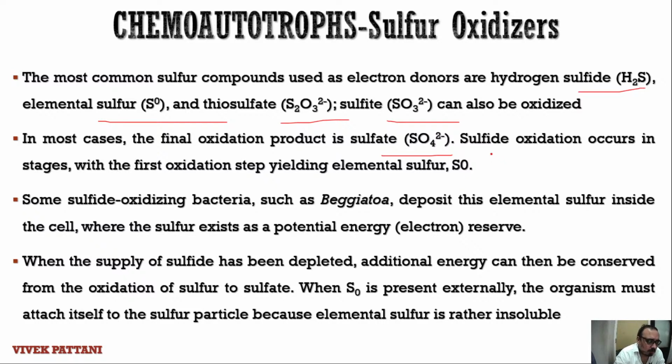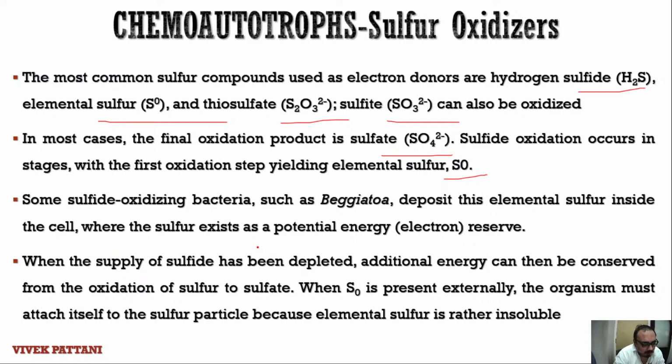Sulfide oxidation occurs in stages, with the first oxidation step yielding elemental sulfur. Some sulfur oxidizing bacteria such as Beggiatoa deposit elemental sulfur inside the cells, where sulfur exists as a potential energy reserve of electrons.